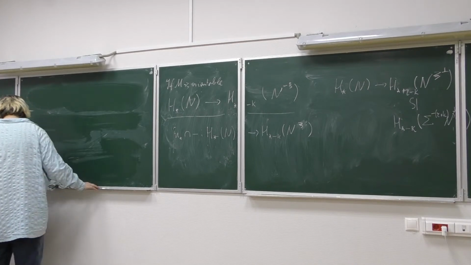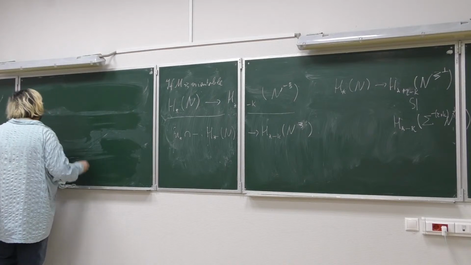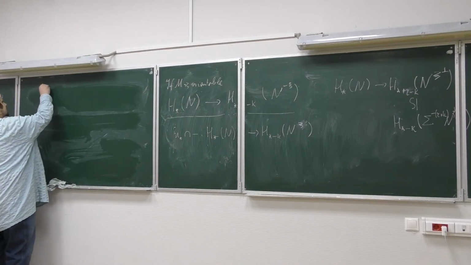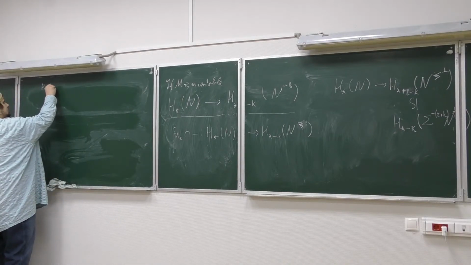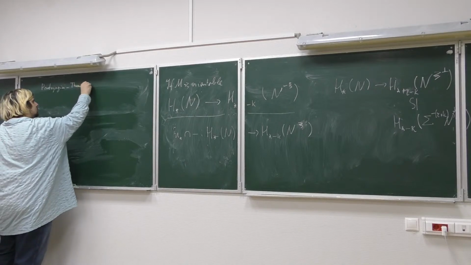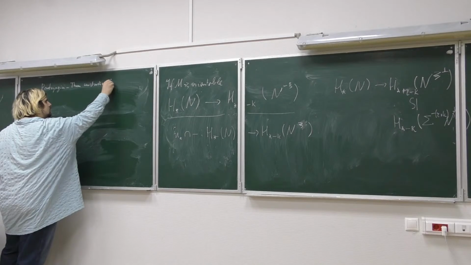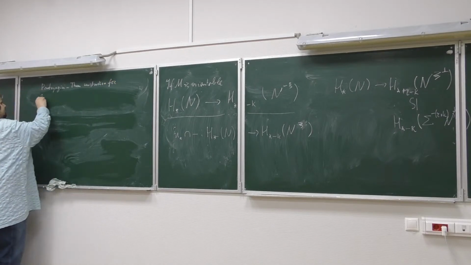Okay. So now we can consider the Pontryagin-Thom construction in another important case, for bundles over the ambient manifold.